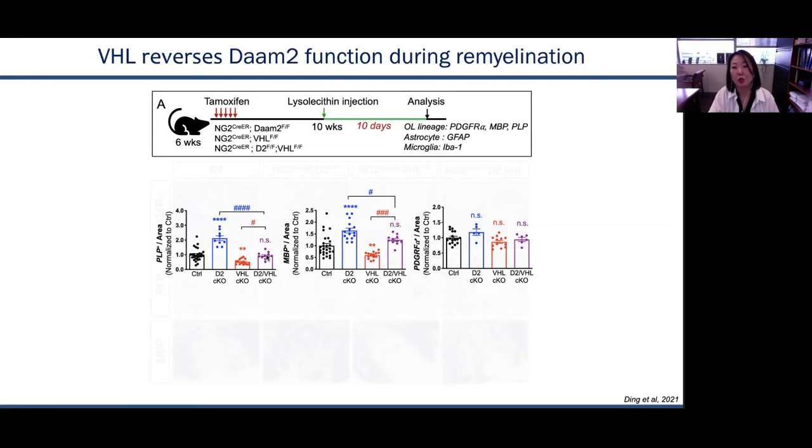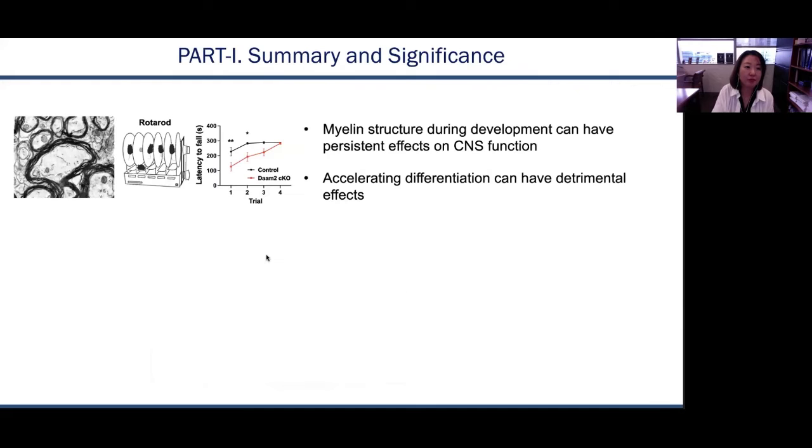So this is one disease model we study. We have taken a different disease angle to find that the TEM2 VHL axis with NEP4 has a really dynamic antagonistic function even in the repair process.